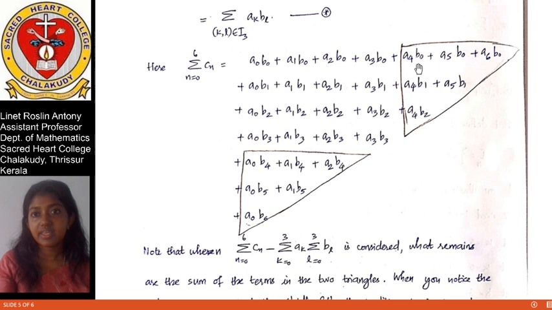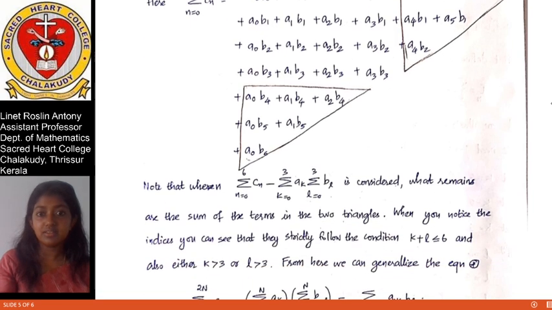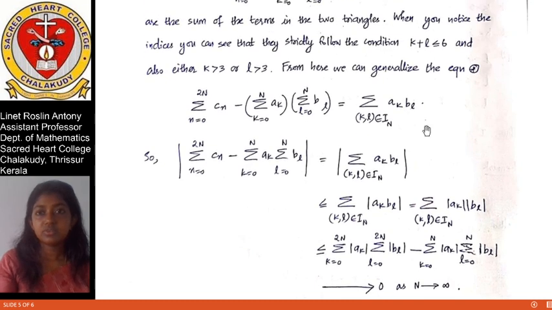Here we have 4, and for A_K we have all the K's strictly greater than 3. So that is another observation. Here we follow strictly the condition that either K is strictly greater than 3 or L is strictly greater than 3.